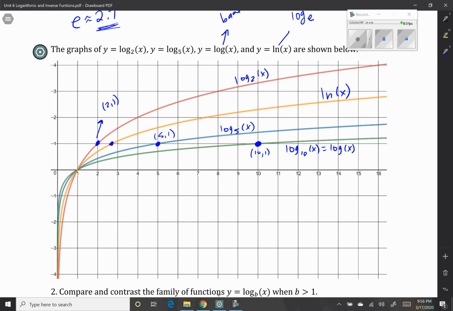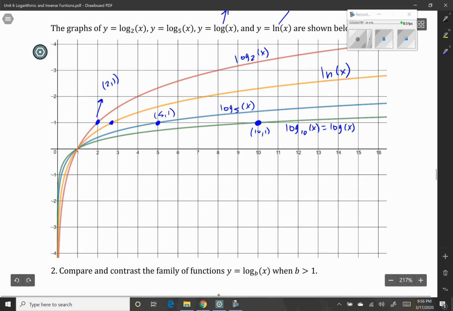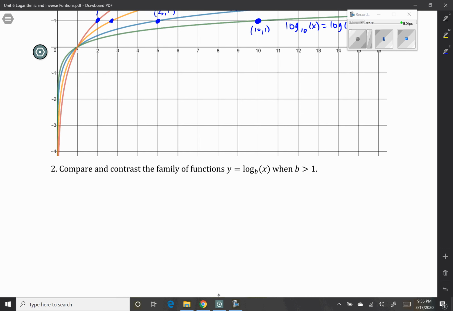So what we can see is, unlike an exponential function, as the base increases, the graph of these actually flattens out. So we can say here, as b increases, the function flattens.